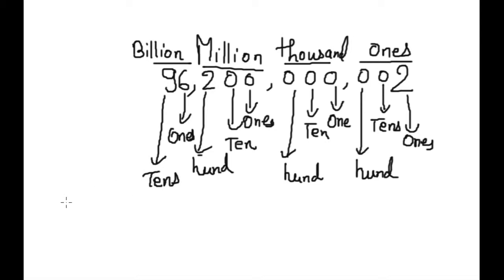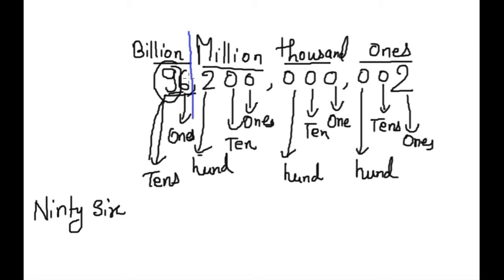Now come to write in words. First start with 9. This is at the tens place value, so this is 96. And this period is over here, so we will write billion.